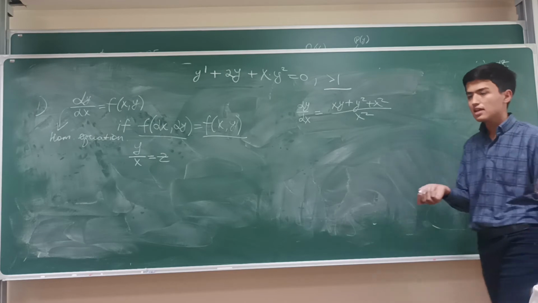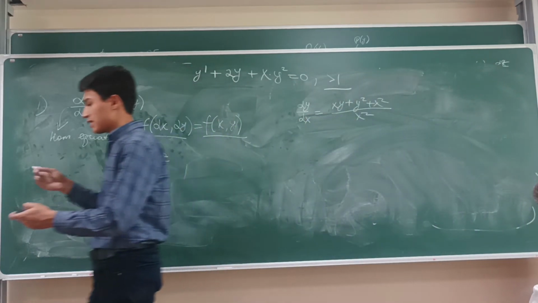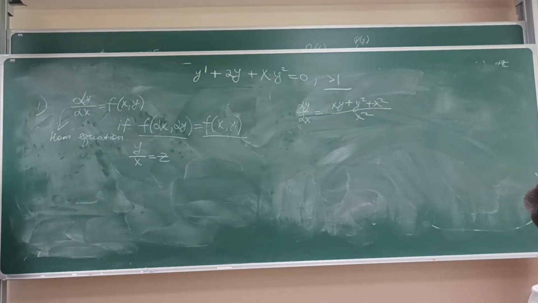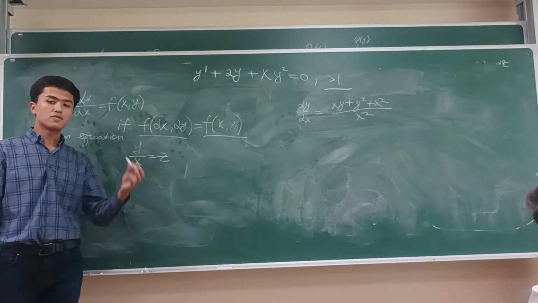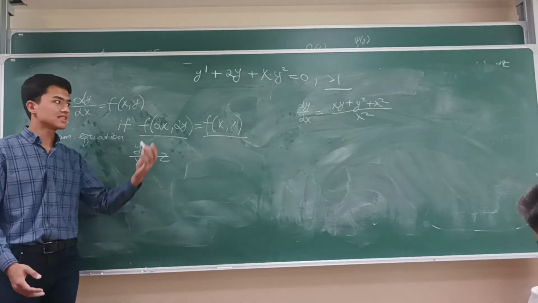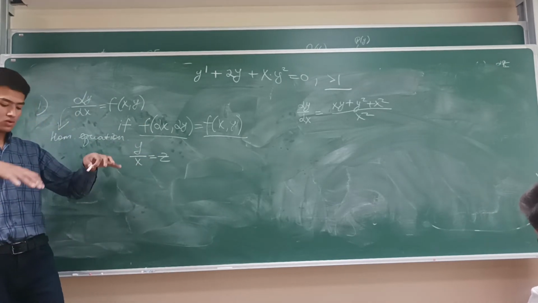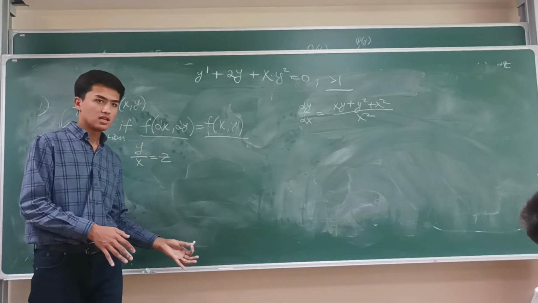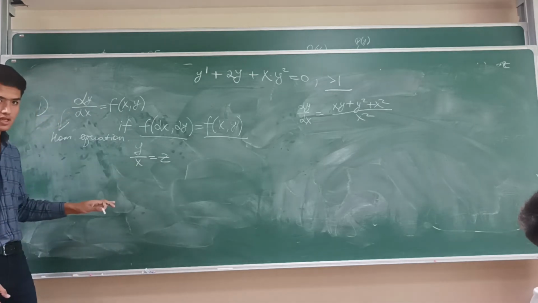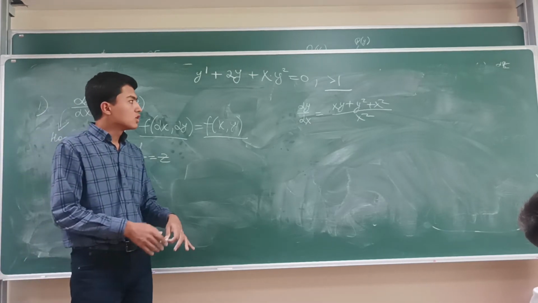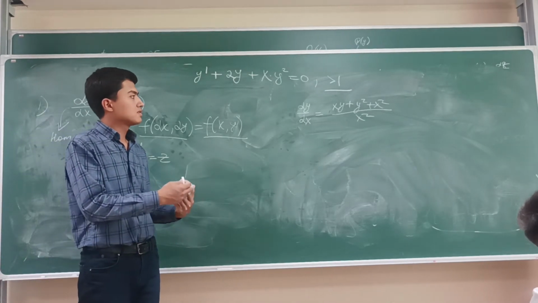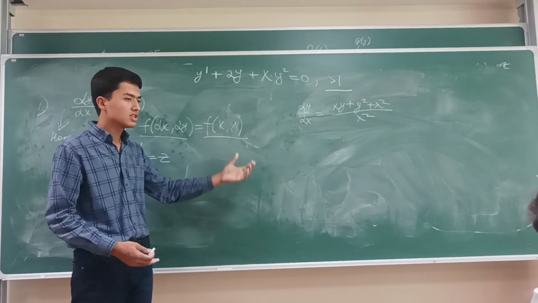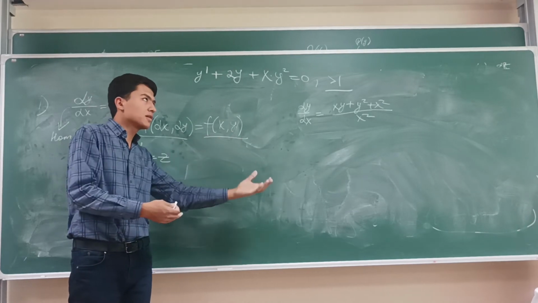Okay, see, in an exam, when you see a first order differential equation, the first thing you ask yourself is whether it is separable or not. And then you go one level down, you ask yourself if it's linear or not. If it's linear, you know how to solve it. If it's not linear, you see if you can apply some substitution method in order to convert it to the form of separable or linear.